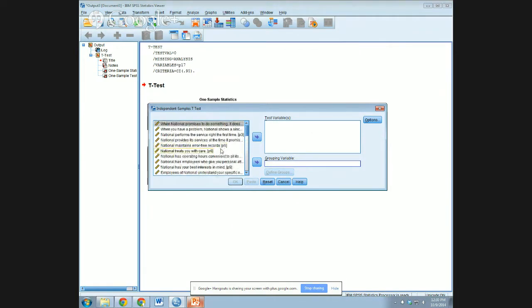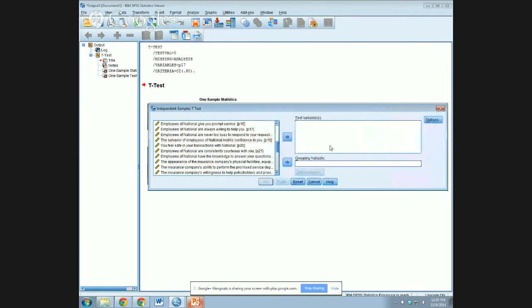The test variable, I'm going to find out whether or not there is a difference between men and women on how safe they feel with their transactions with National. Do they feel safe or not? Do men or women feel safe?